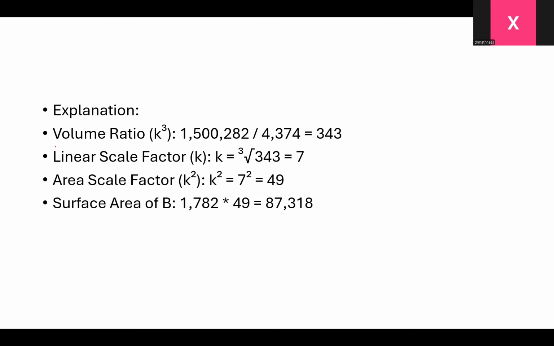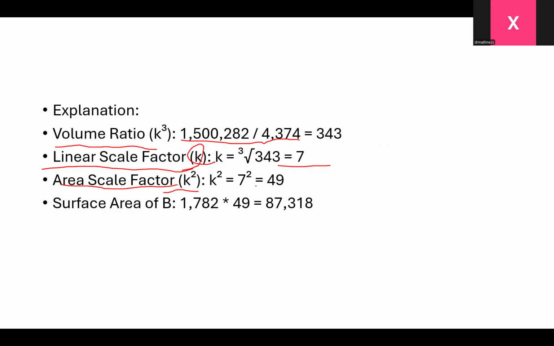We can calculate the volume ratio of the two prisms, k cubed, by dividing the volume values of the two rectangular prisms. Then we get the value of k, which is also called the linear scale factor, right? Which equals 7. And then we can calculate k squared, which is called the area scale factor.